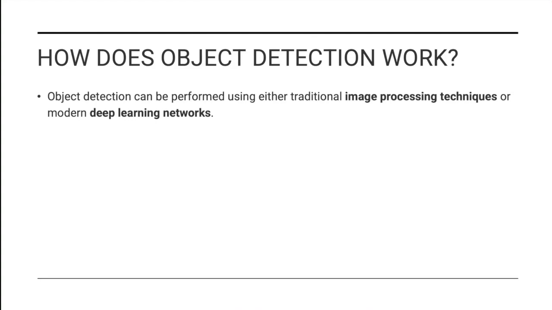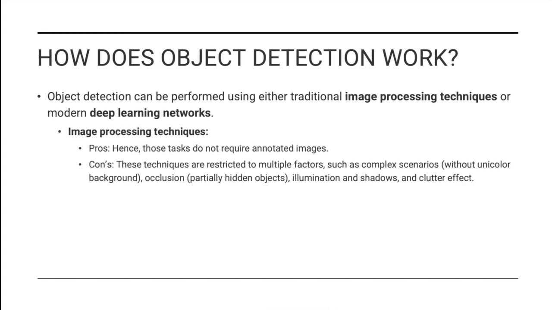In fact, object detection is not something recent. Since 2001 we have had this type of model, and we use it either with image processing techniques or deep learning networks. For the traditional one with image processing techniques, there are cons and pros.